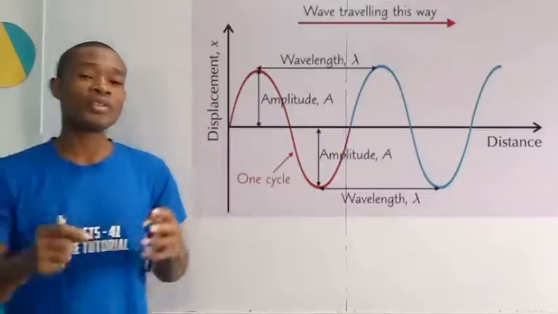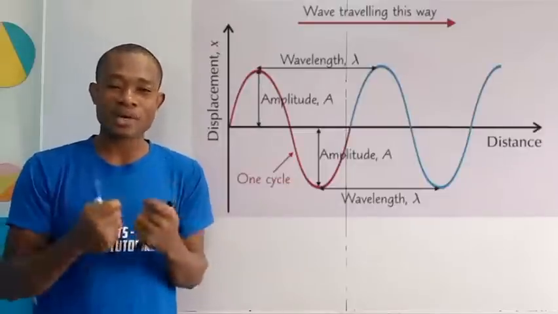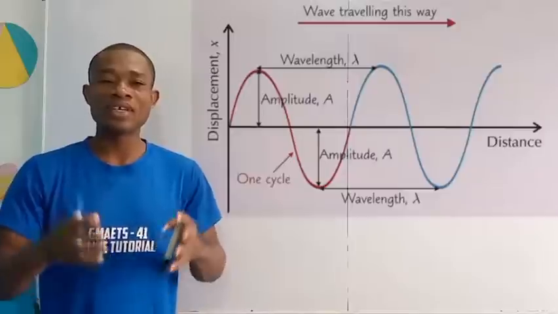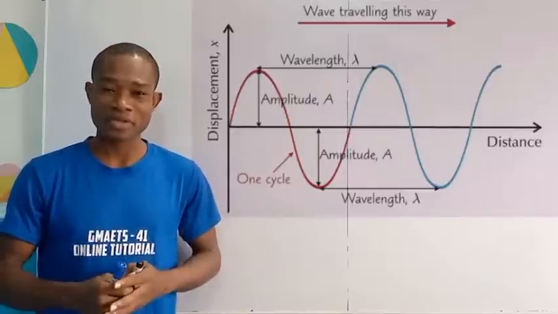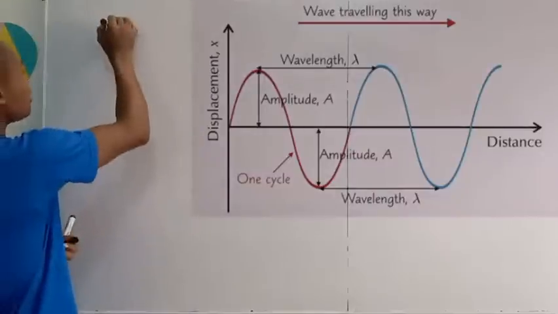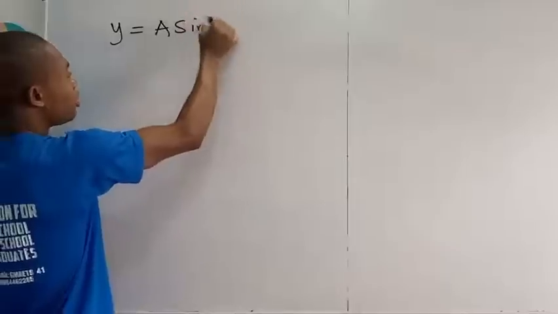In line with this graph, we would like to recall, as a kind of reminder, the sine equation. This we meet in trigonometry mathematics. And what is the sine equation? The sine equation is given as y equals a sine theta.